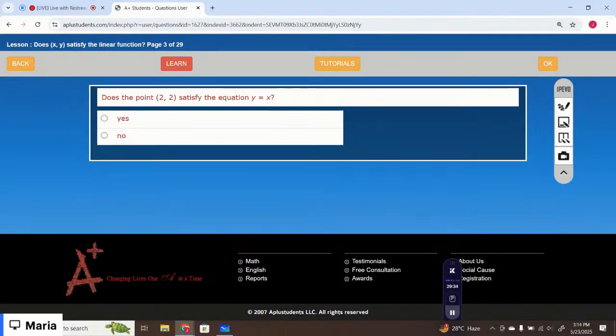Does that point satisfy the equation y equals x? The correct option is yes.